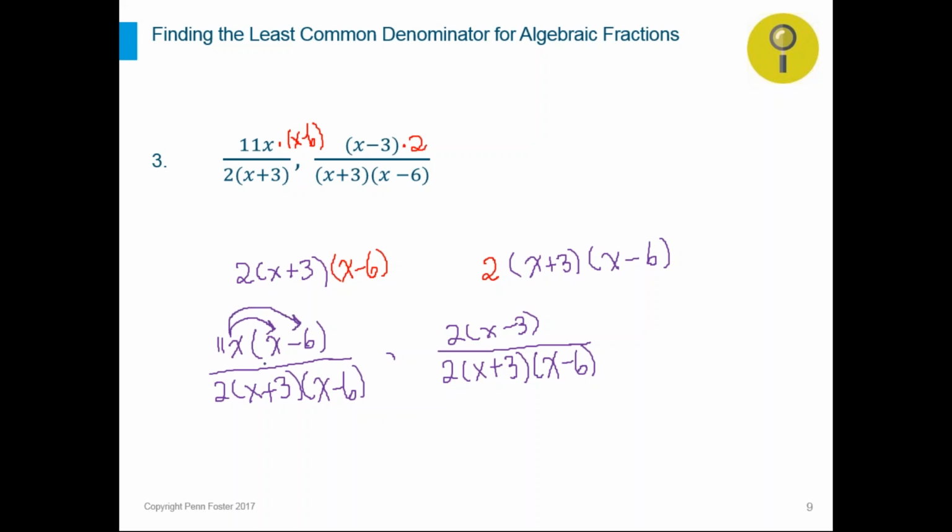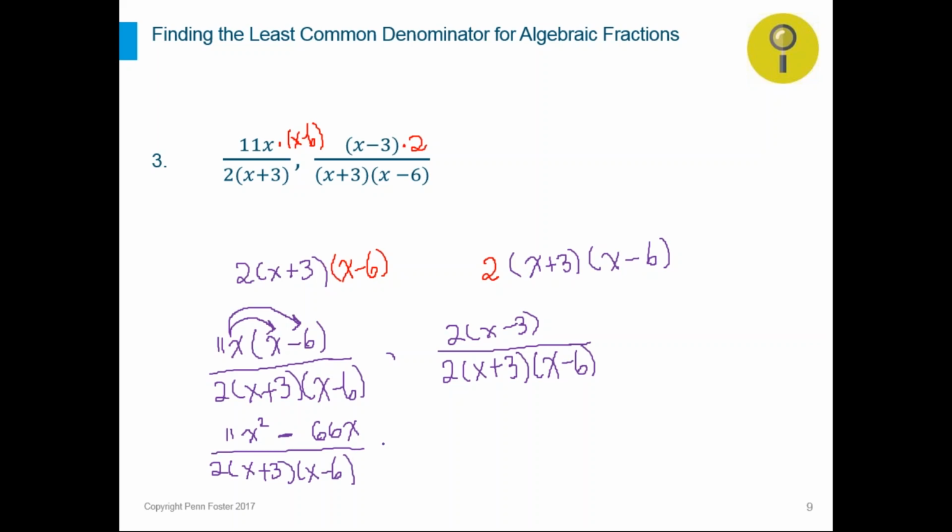So 11 times 1 is 11. X times x is x squared, minus 11 times 6, it's 66, but you have a minus here, so it's going to be a negative 66x. And then over the same denominator, untouched. I don't have to multiply anything in the denominator.